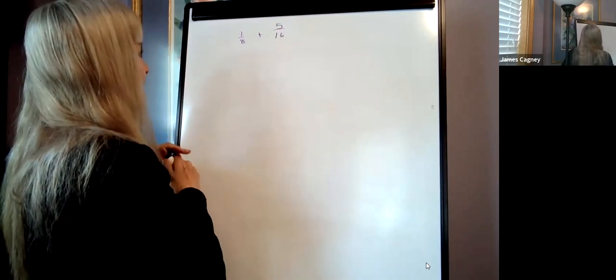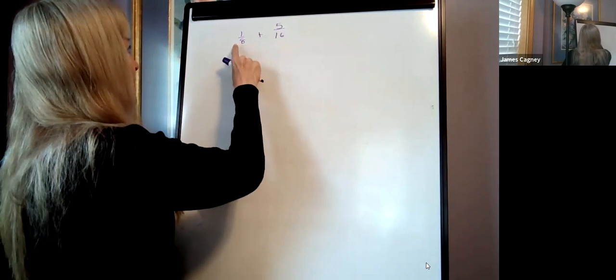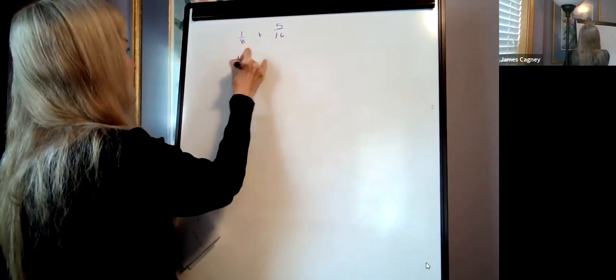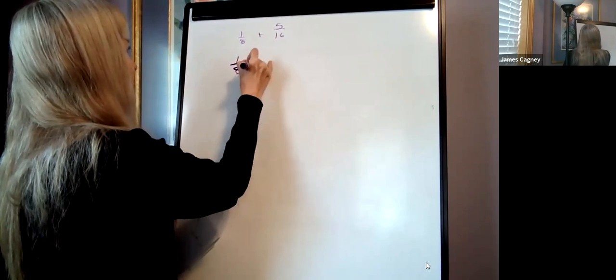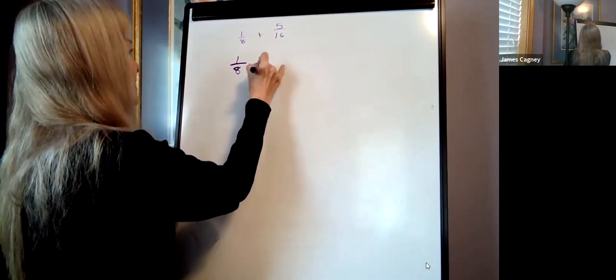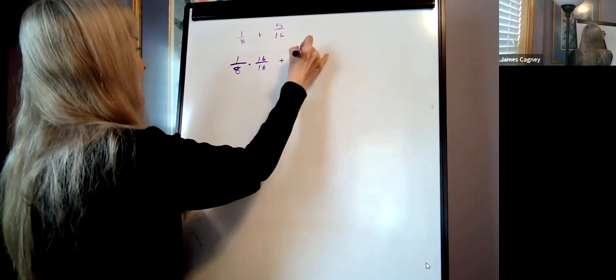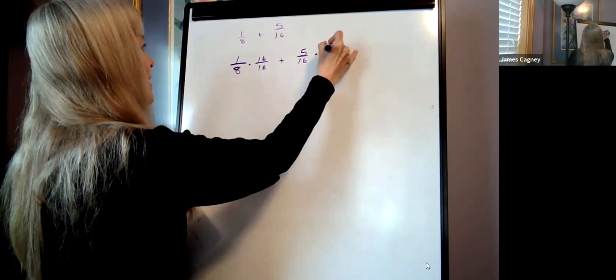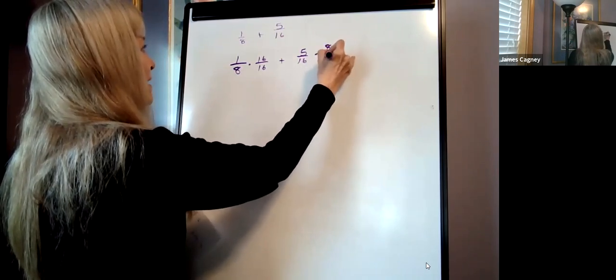What they're saying is I am going to multiply the 8 by the 16. So really what they want me to do is 1/8 times 16 over 16 plus 5/16. And now I'm going to multiply the top and the bottom by 8/8.